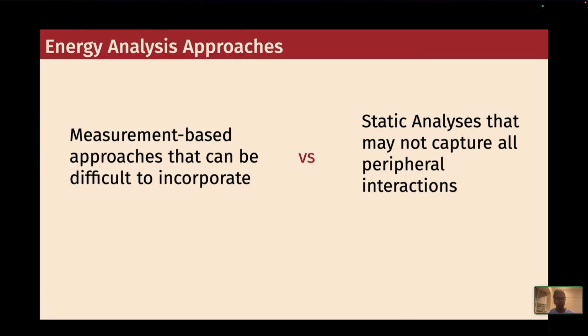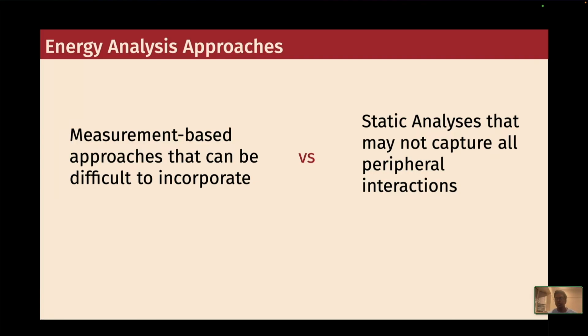So prior work to understanding these energy requirements typically falls into two major categories, either measurement-based approaches, which literally measure the amount of energy an application consumes while running, and this is extremely accurate. However, it can be very difficult to incorporate into an existing workflow and actually perform for an average developer.